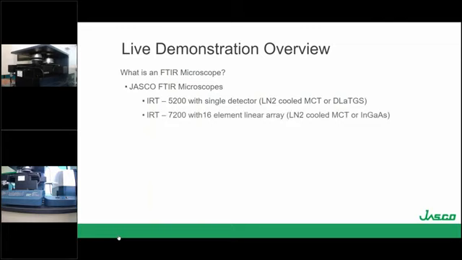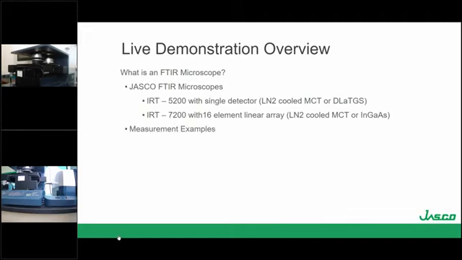The other instrument is our IRT 7200 that has a 16 element linear array. Those are 16 MCT detectors that are organized in a line.